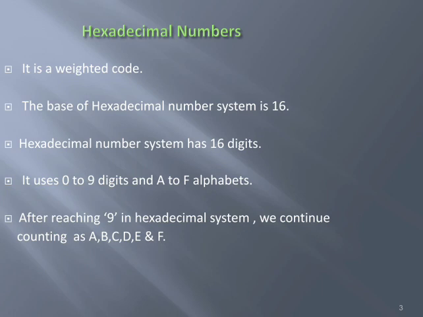After reaching 9 in hexadecimal number system, we continue counting, as after 9 it will be A, B, C, D, E, and F. So this becomes the 16 distinct symbols in hexadecimal number system. This hexadecimal number system is used extensively in microprocessor or microcontroller based systems.